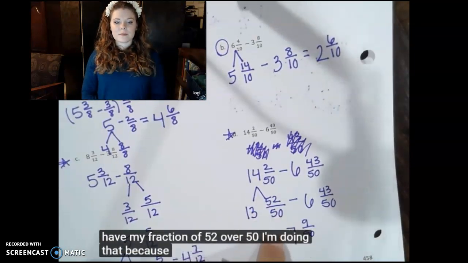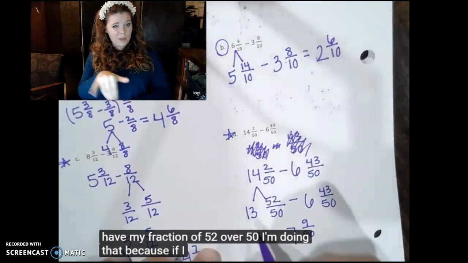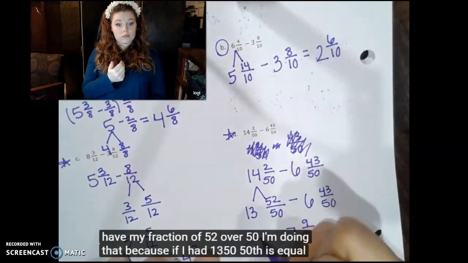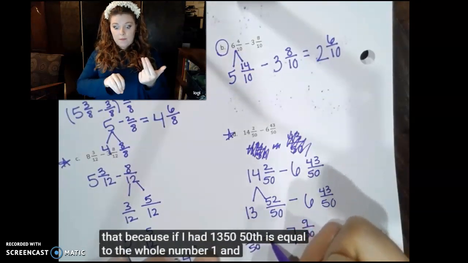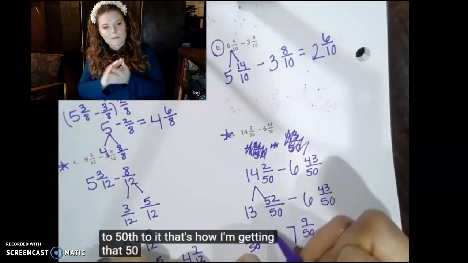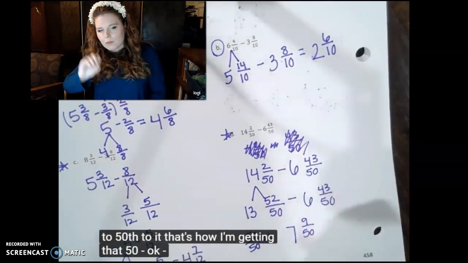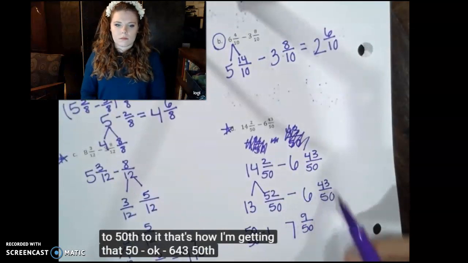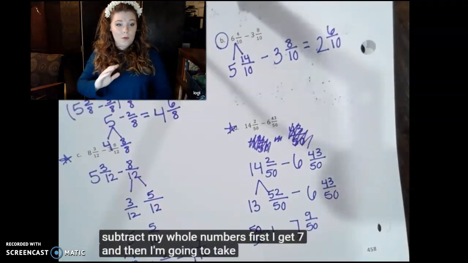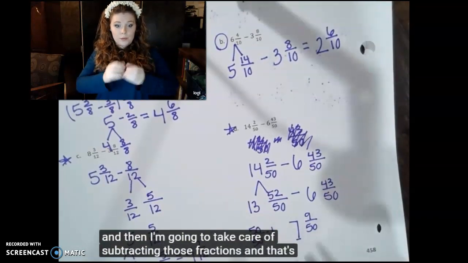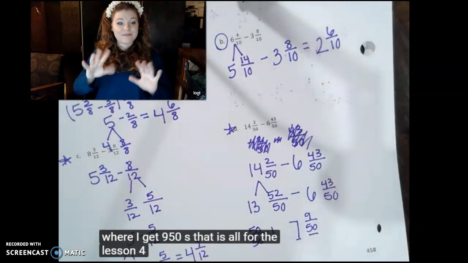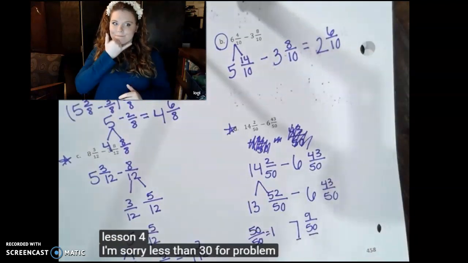I'm doing that because if I had 13, 50 50ths is equal to the whole number 1, and if I'm adding 2 50ths to it, that's how I'm getting that 52, okay? Minus 6 43 50ths. I'm going to subtract my whole numbers first. I get 7. And then I'm going to take care of subtracting those fractions, and that's where I get 9 50ths. That is all for the lesson 34 problem set.